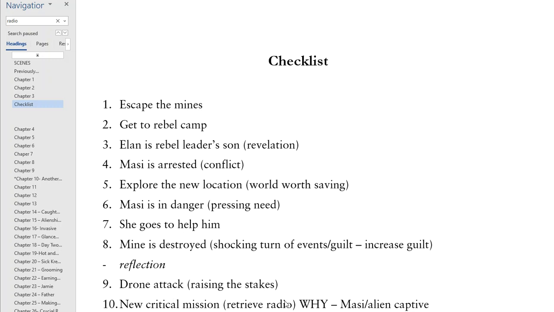That gives her a real reason to be invested in this crucial mission and how it plays out, because it's not a separate side mission that takes her away from her goal, but it's actually a critical mission that is necessary to bring her closer to her goal.